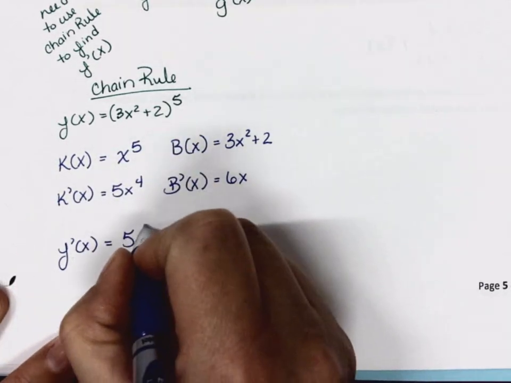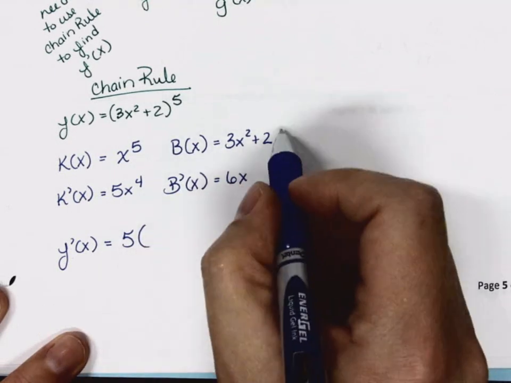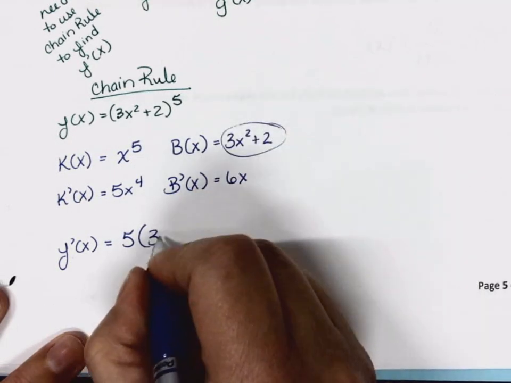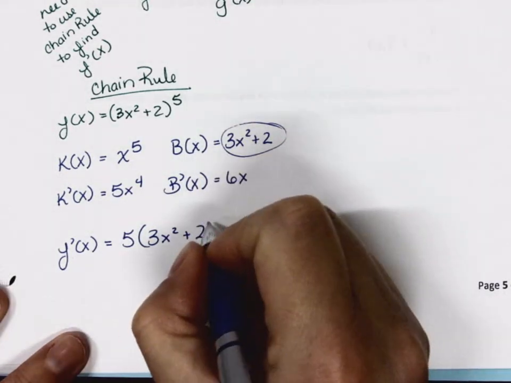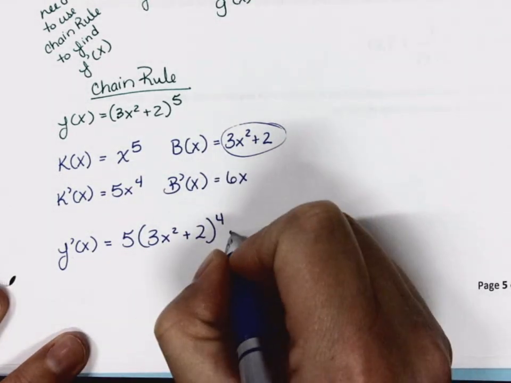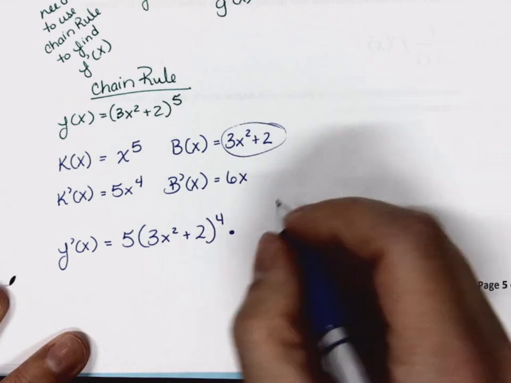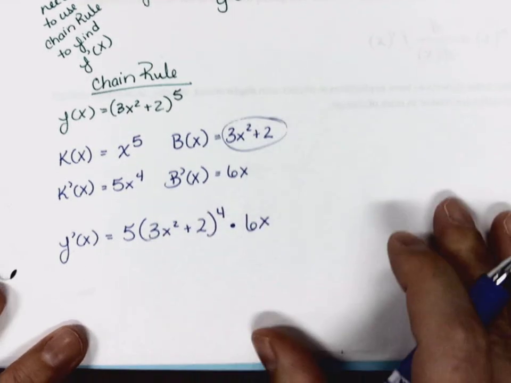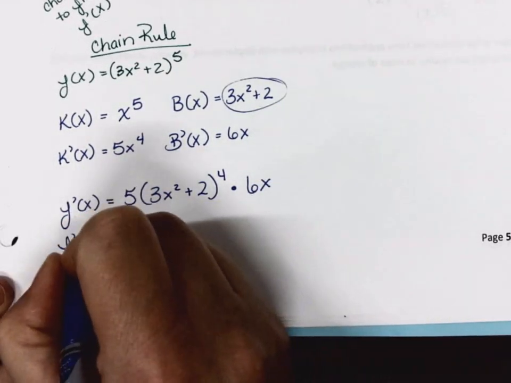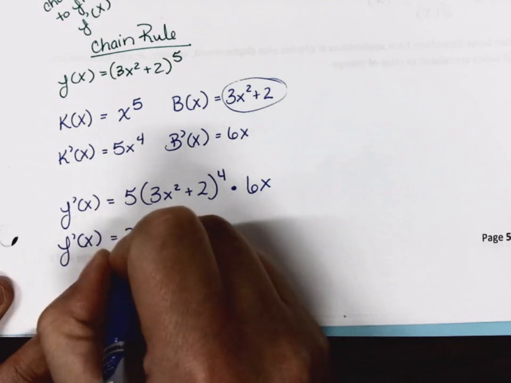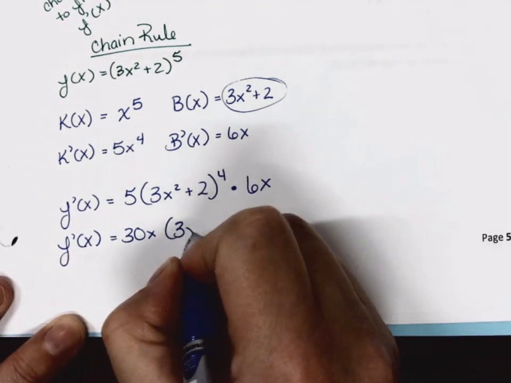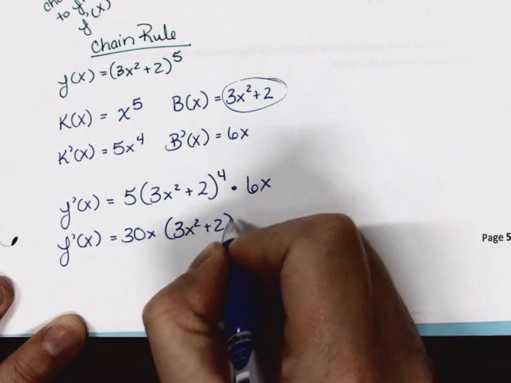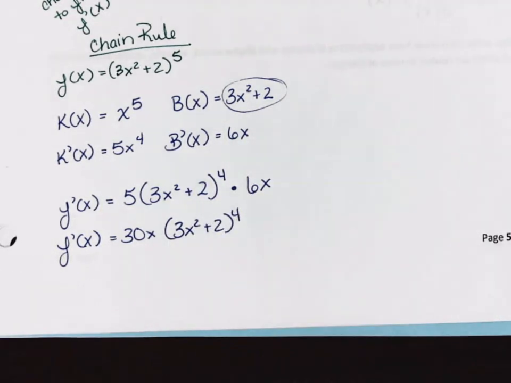So that's going to be 5, and then we put the b of x function inside, so 3x squared plus 2 to the exponent 4, times the derivative of the inside function, which is 6x. Holy Hannah.